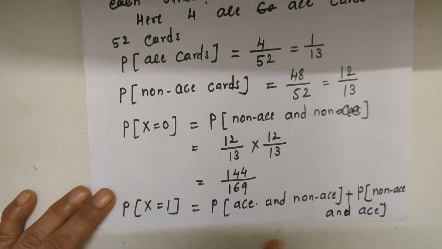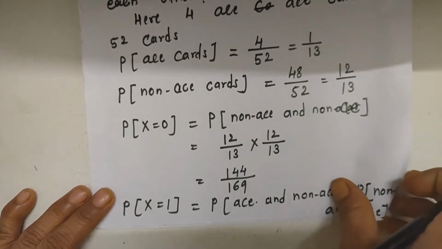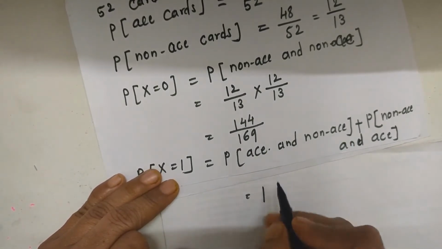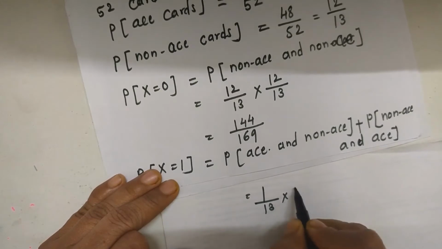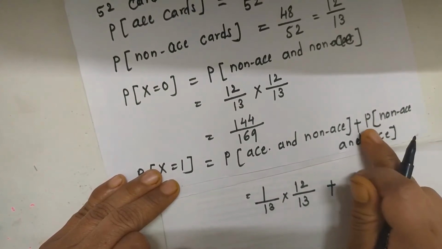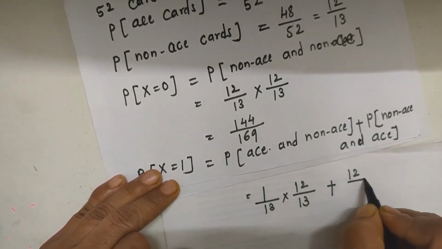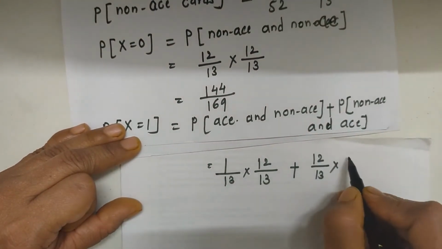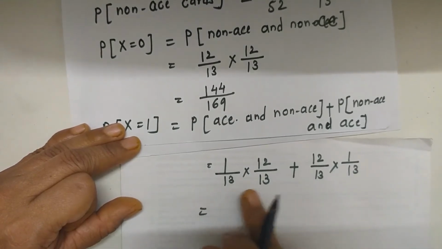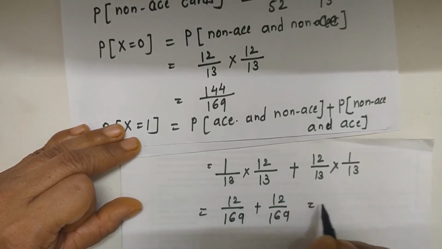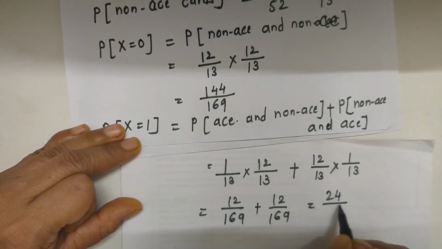The addition of these two possibilities is 1 upon 13 into 12 by 13 plus 12 by 13 into 1 by 13, that is 12 by 169 plus 12 by 169, which is 24 by 169.